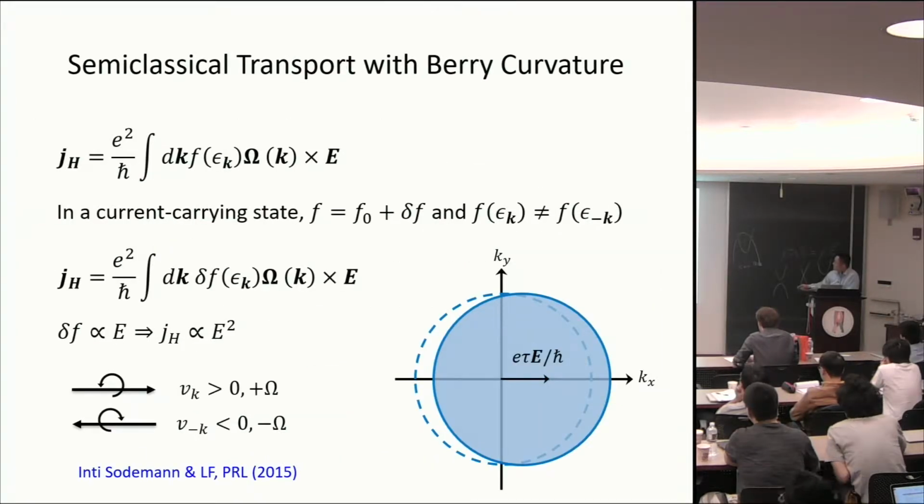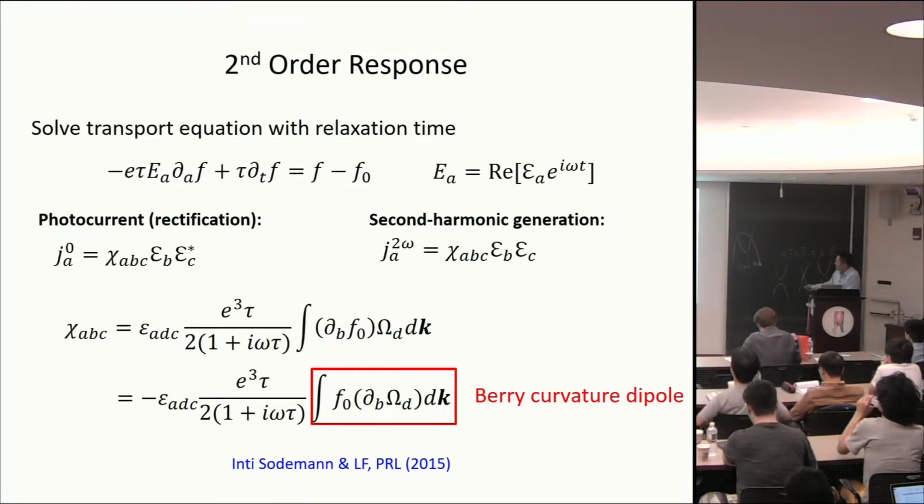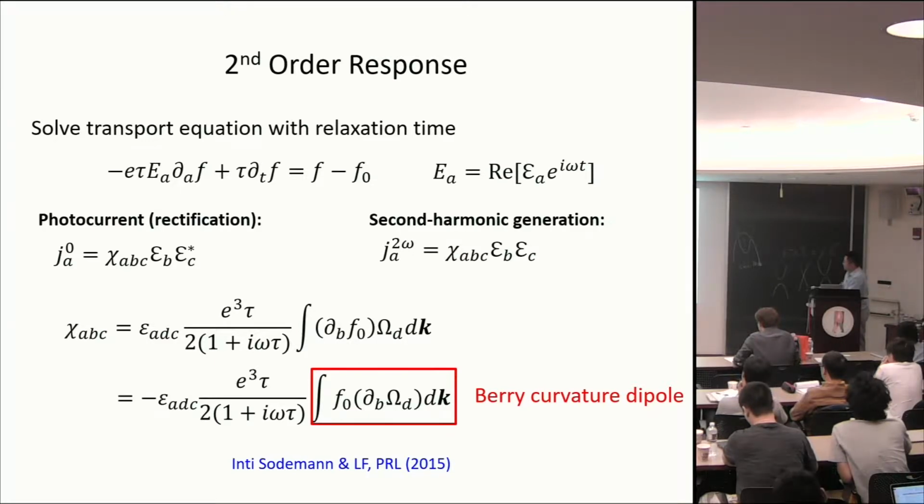What enters here is the change of distribution due to the electric field. And this can be rewritten by integration by parts. It becomes the derivative of Berry curvature with respect to k integrated over all occupied states. We call this quantity the Berry curvature dipole, because omega is the Berry curvature, but now we're dealing with the derivative of Berry curvature with respect to k. This quantity has the symmetry of a dipole moment of Berry curvature.